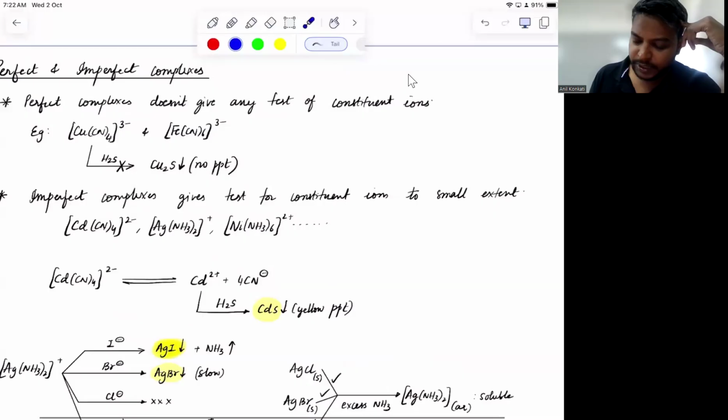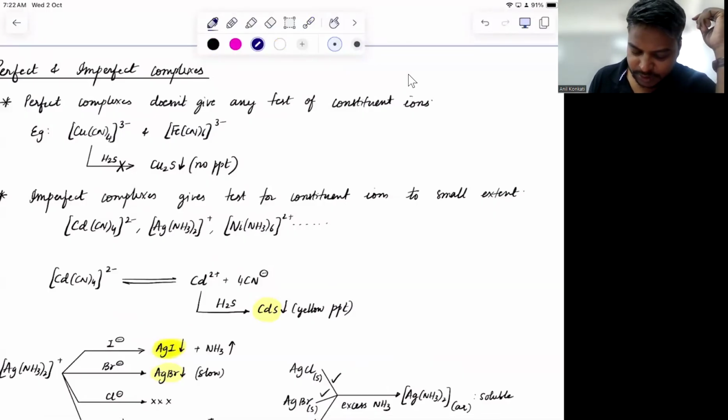Other examples: if you add H2S to [Cu(NH3)4]2+, a slightly acidic compound like this one, I will not get any precipitate. Take [FeF6]3-.